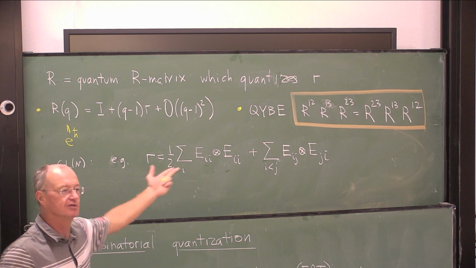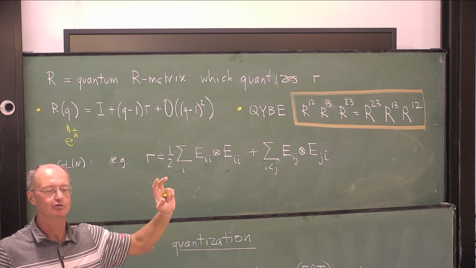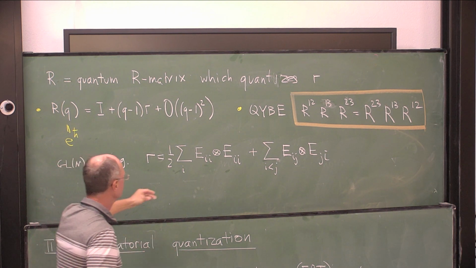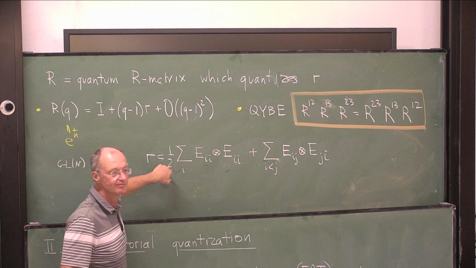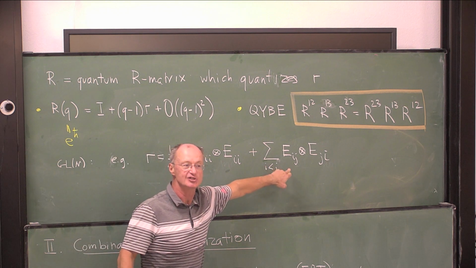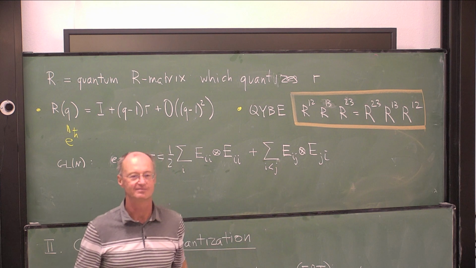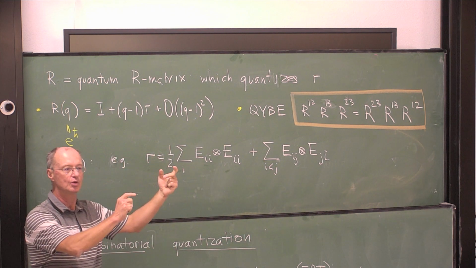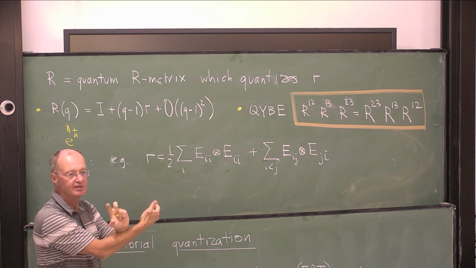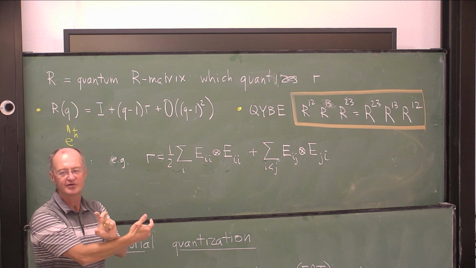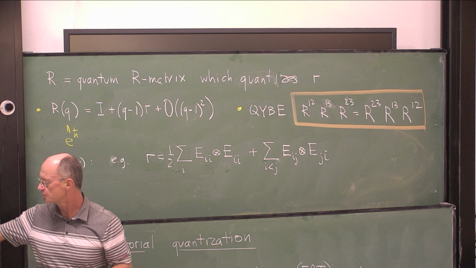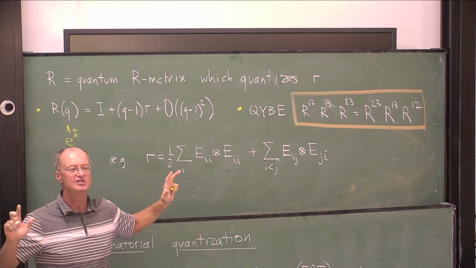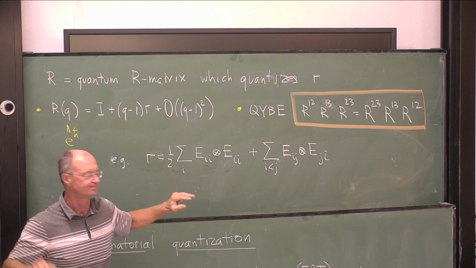No, but look at it. Stare for two more seconds. It's not a quadratic Casimir, because right here I have 1/2, and here I have i less than j. It's not really. But if I add R12 plus R21, then I get the quadratic Casimir, but maybe I should have got twice this. Okay, we don't settle this 1/2 issue.